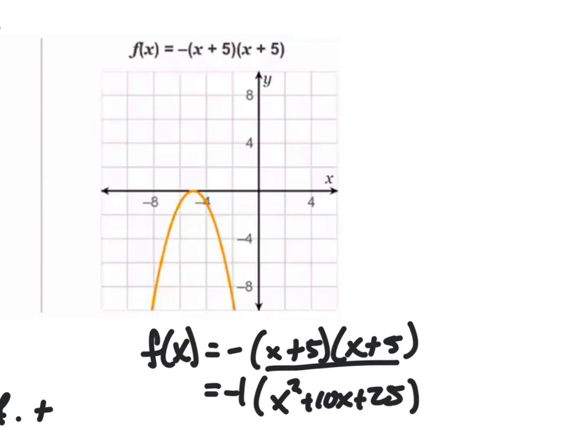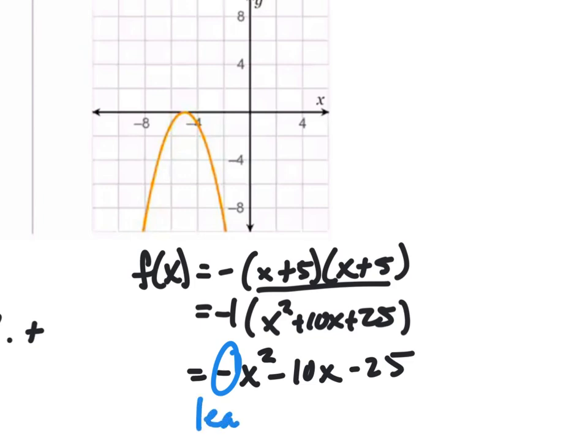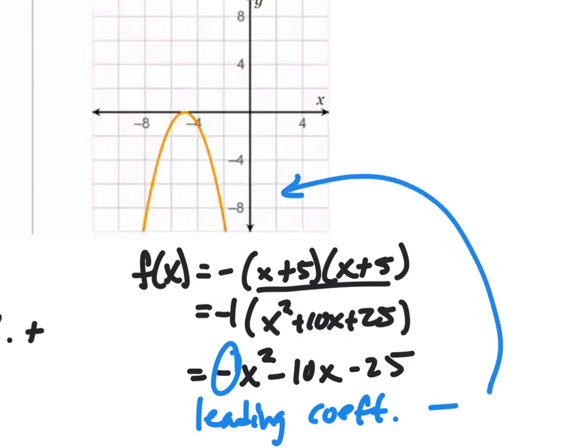And when I multiply out that negative 1, I get negative x squared minus 10x minus 25. The reason I'm doing that is because my leading coefficient, the number in front of my x squared, is negative. And that means that my graph is going to open down. That's how you can kind of tell.